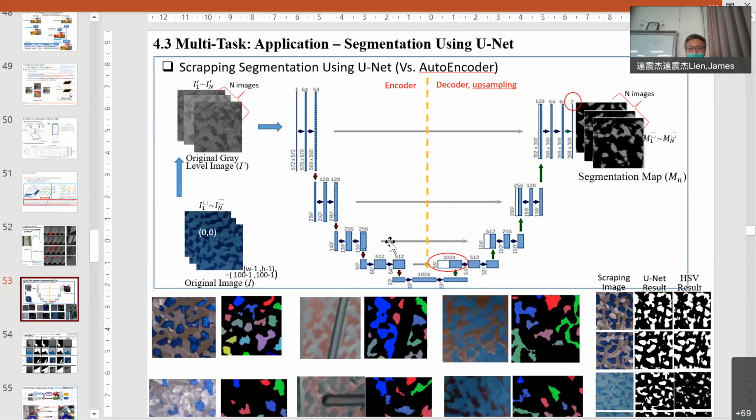Originally you have 1024, but you reduce the channel number to 512 and reduce once more, becoming 256. So this channel number will be the same as this channel, and you do upsampling.